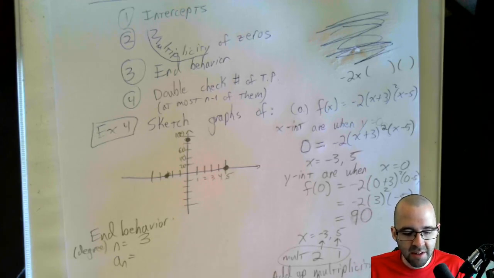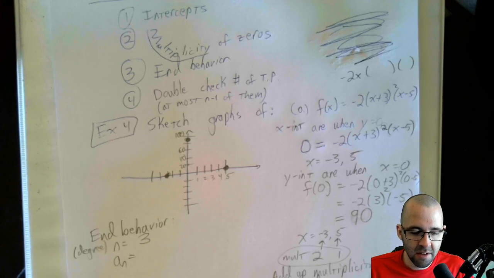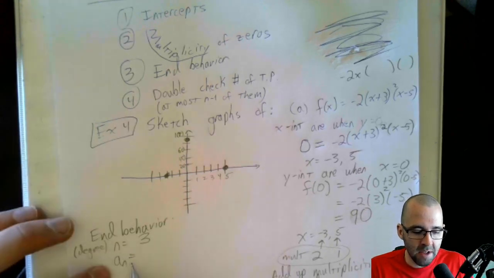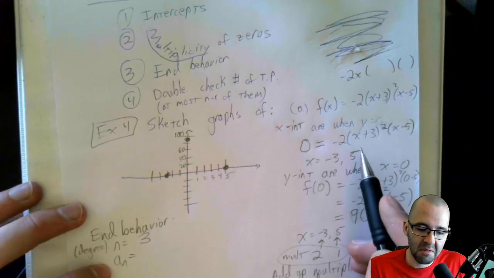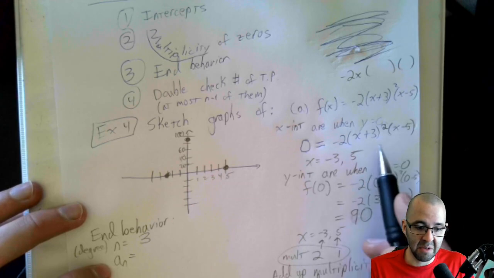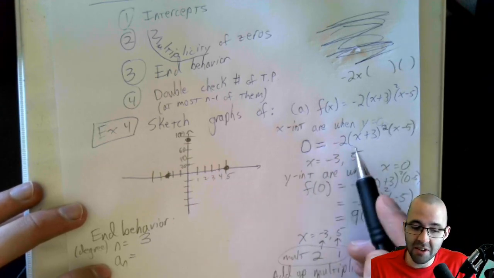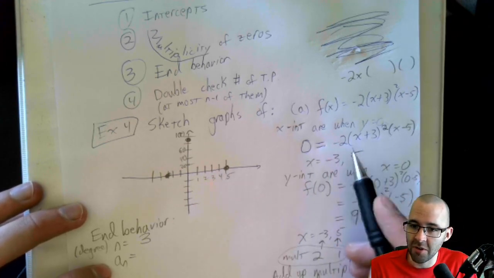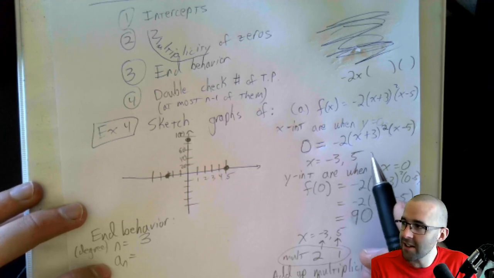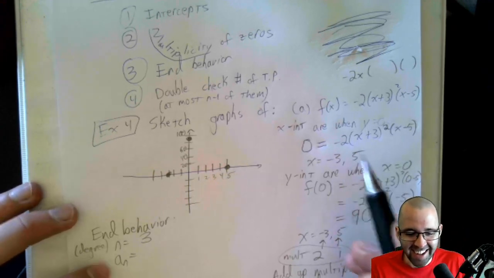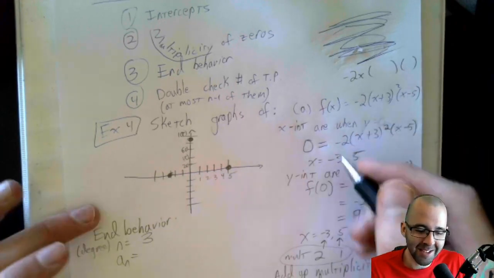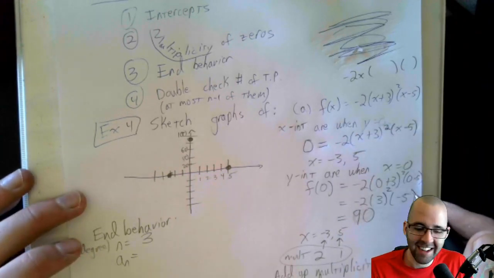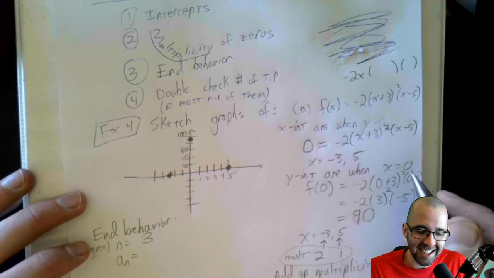And we need to find the end behavior. So, what's our leading coefficient? You might know the leading coefficient. It's -2, yeah. Good.